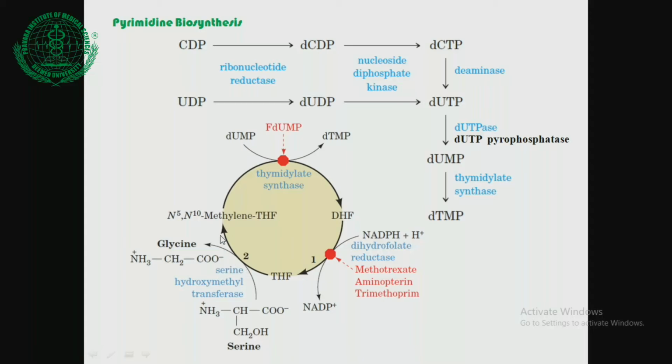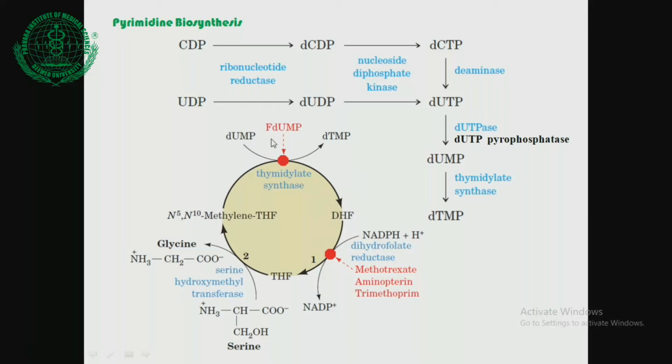The regenerated methylene tetrahydrofolate is ready to take the next round of methylation of deoxyuridine monophosphate into deoxythymidine monophosphate through the enzymatic action of thymidylate synthase.